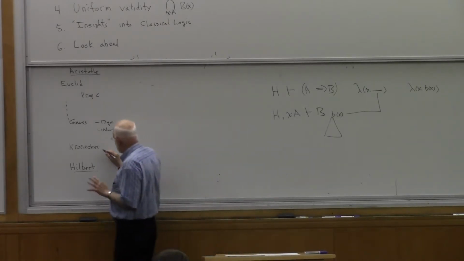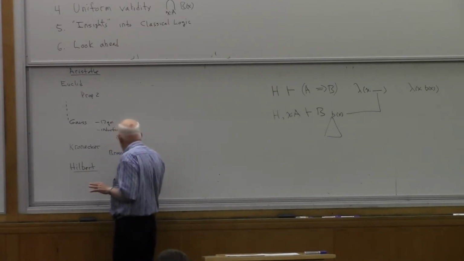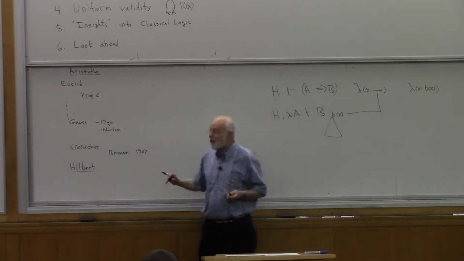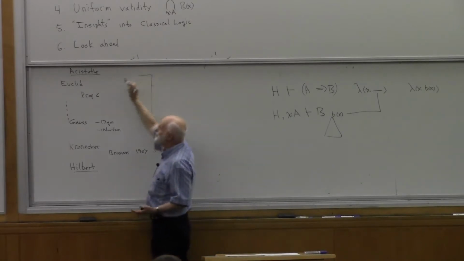And Brouwer was just coming up in the world. He was a young whippersnapper who wrote in 1907 his PhD thesis where he questioned Aristotle. He's the first guy, so we're going back 2,000 years.